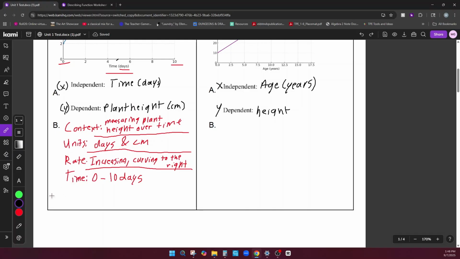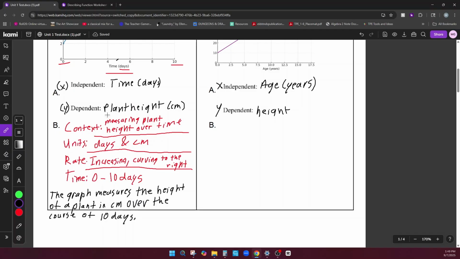So I'm going to start with my context and say that the graph measures the height of a plant in centimeters over the course of 10 days.